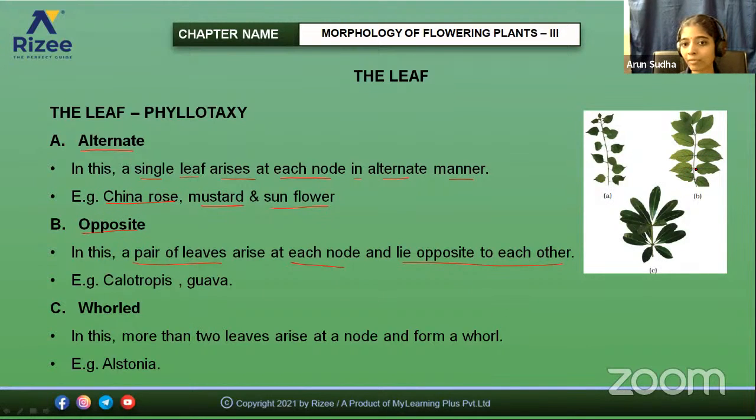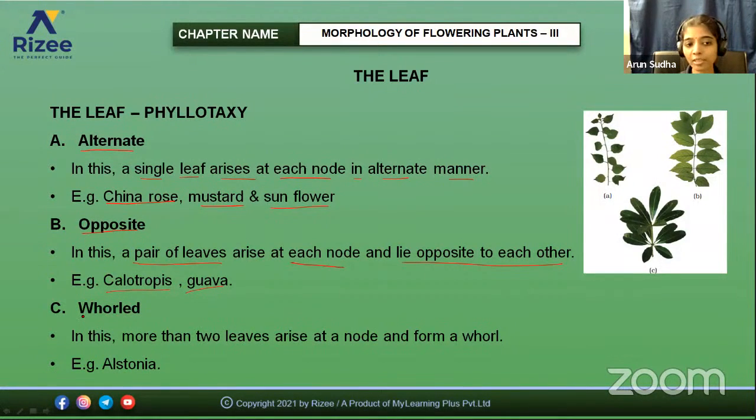So for example, from this node, two leaves are formed and they lie exactly opposite to each other. So this is the opposite arrangement. And examples are Calotropis and guava. The leaves are arranged in the opposite manner.